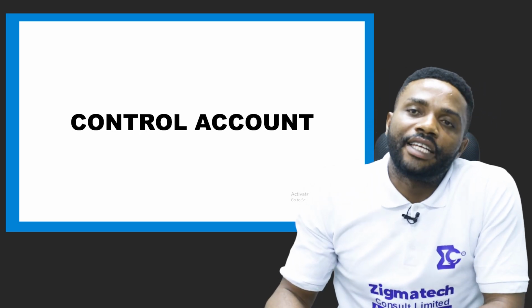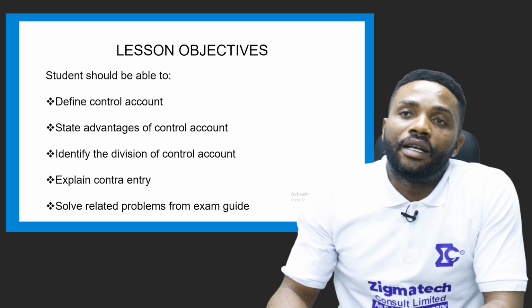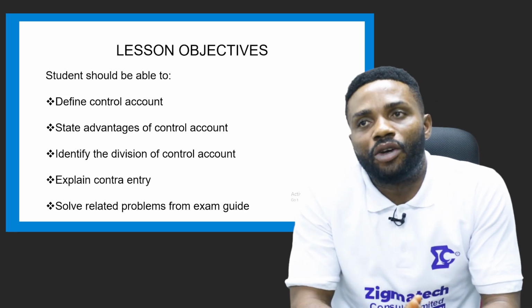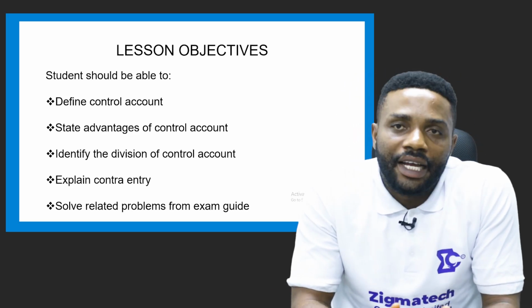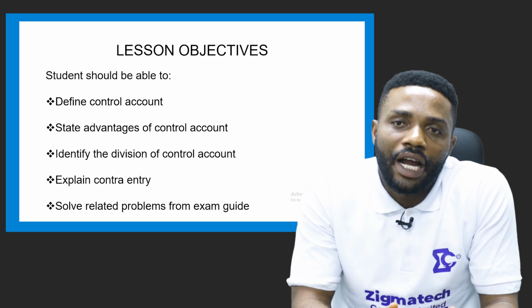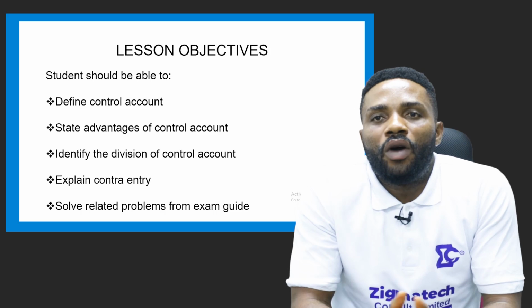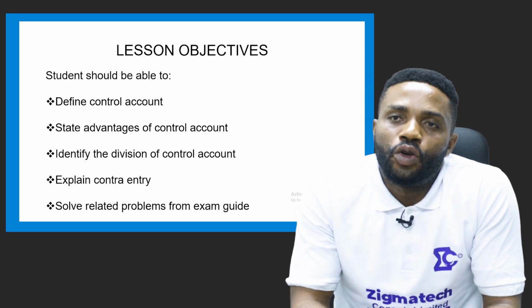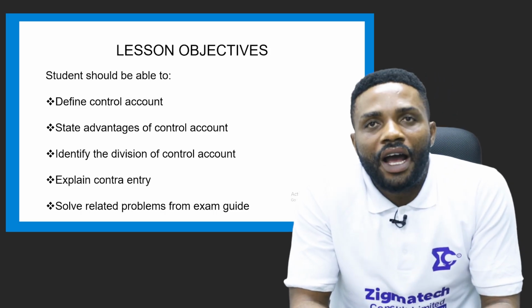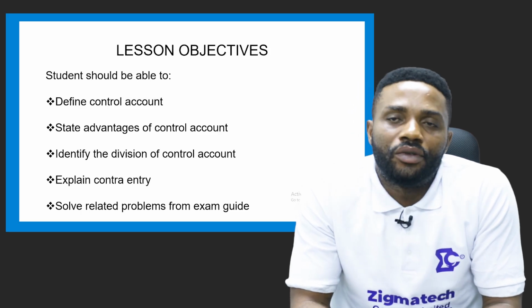But before then, let's quickly look at lesson objectives. Lesson objectives are more like the guide, things that are going to guide our journey into the lesson of today. Number one, we are going to define what control account is. If you are asked, what is control account?